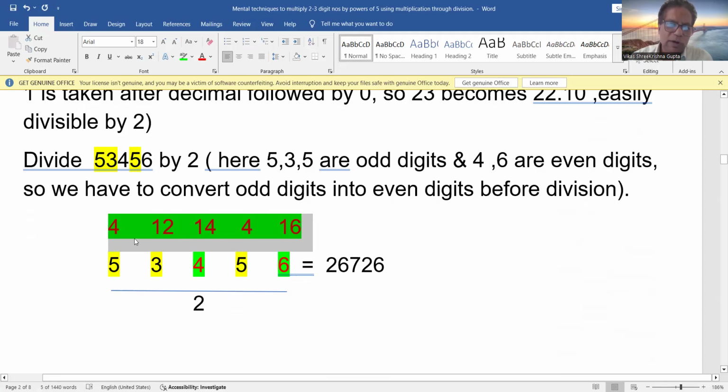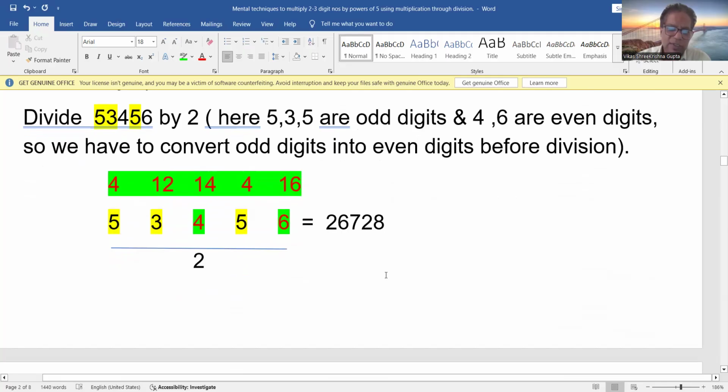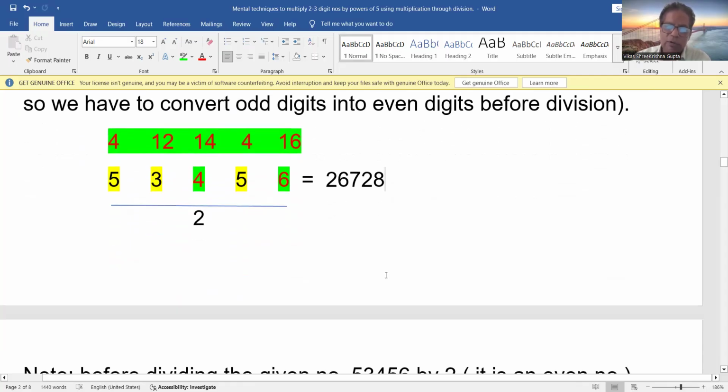So 4 divided by 2 is 2, 12 divided by 2 is 6, 14 divided by 2 is 7, 4 divided by 2 is 2, 16 divided by 2 is 8. The answer is 26728. So it is very fast to divide any number by 2 when you convert all the odd digits in the number into even numbers.